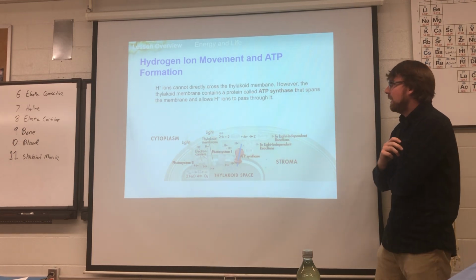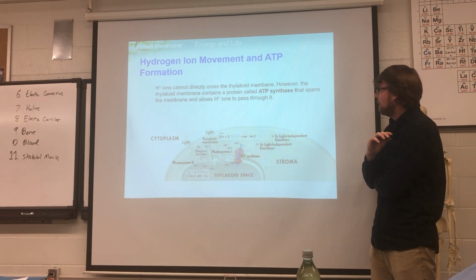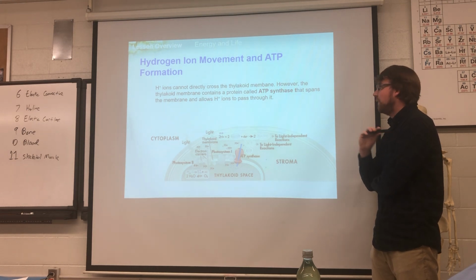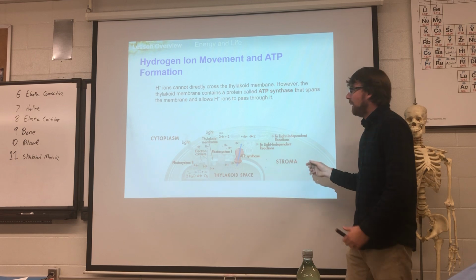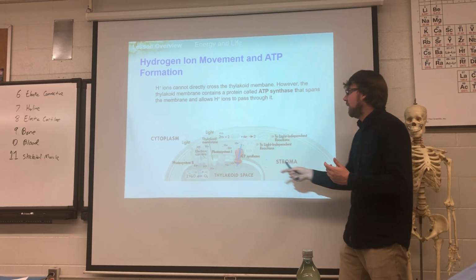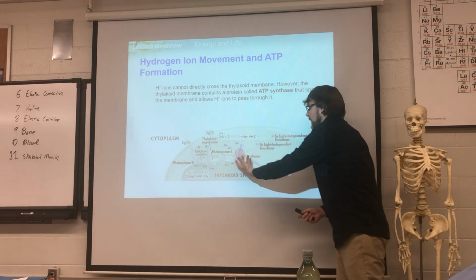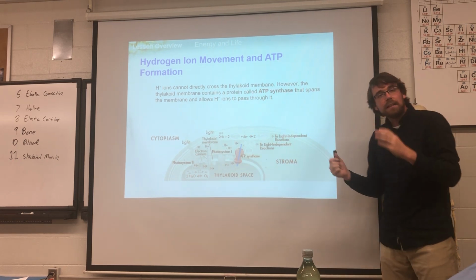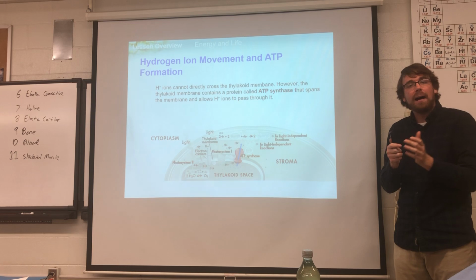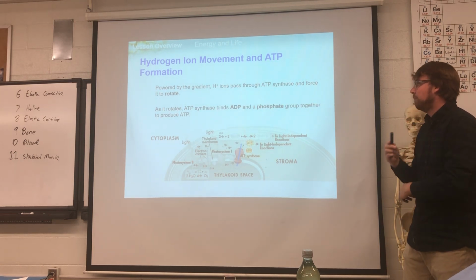The hydrogen ions cannot cross the thylakoid membrane. However, the thylakoid membrane has a protein called ATP synthase that spans it. The protein allows hydrogen ions to pass through. This rotates. As it rotates, it forces ADP and phosphate to bind to make ATP.